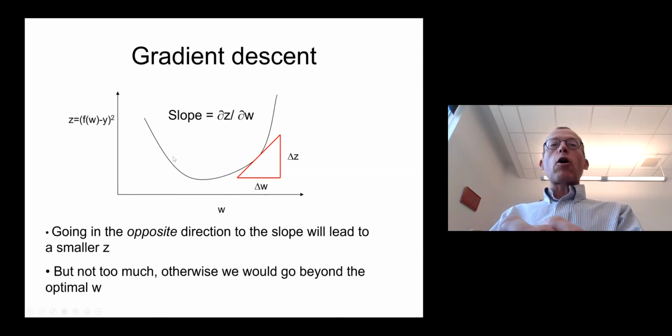So when the slope is positive, you want to decrease W, because here the function goes up, but you want it to go down. And when the slope is negative, the function goes down, so you want to increase W because your goal is to go to the negative side. This is just the difference between gradient descent and gradient ascent.